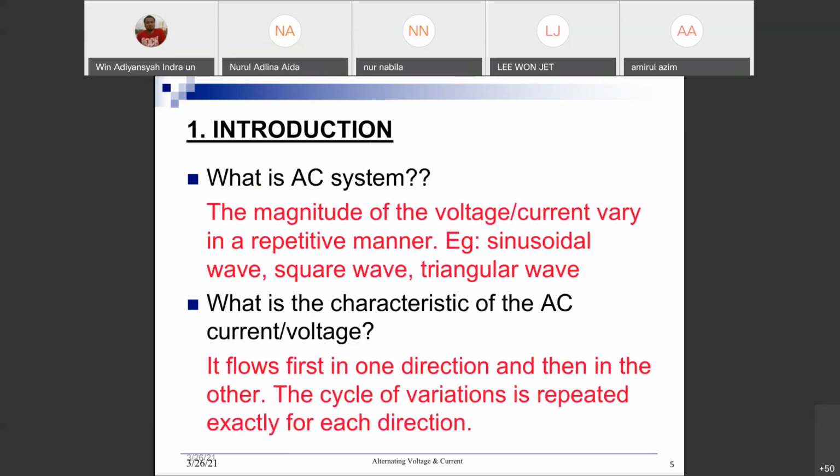The magnitude of the voltage and current varies in a repetitive manner. One cycle, two cycles, three cycles. This one is similar to this one, similar to this one. A repetitive manner.